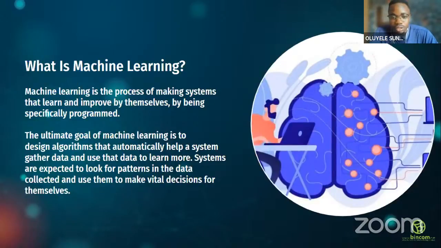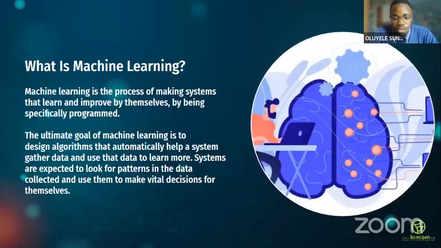Machine learning is just a way to make computers behave like human beings. That's the way the brain actually works. So systems are expected to look for patterns in the data collected and use them to make vital decisions for themselves.